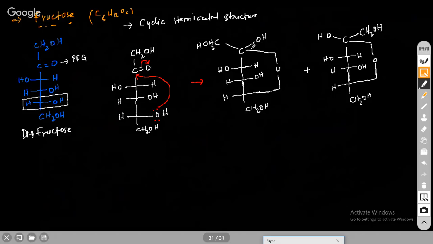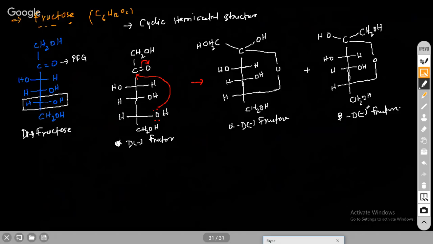Okay, so when OH is on the right hand side, it is alpha, right? And since this one is D minus fructose, just now we have discussed, this one is alpha D minus fructose, correct? Because OH is on the right hand side, and this is beta D minus fructose, OH on the left hand side. Understood?